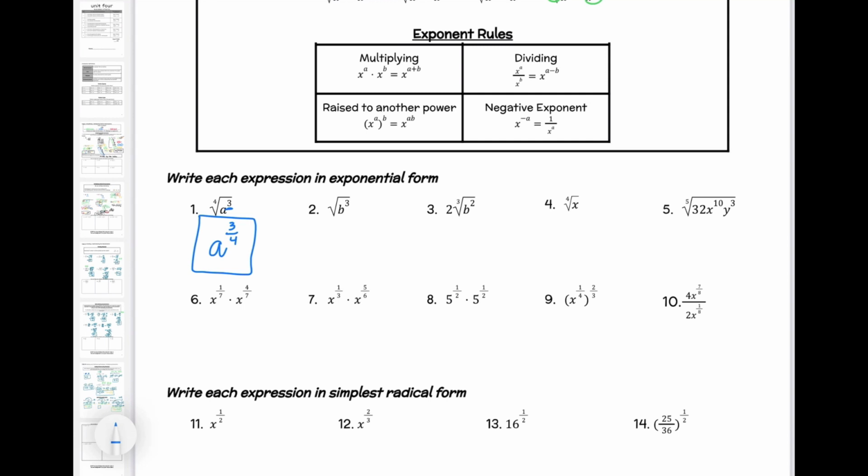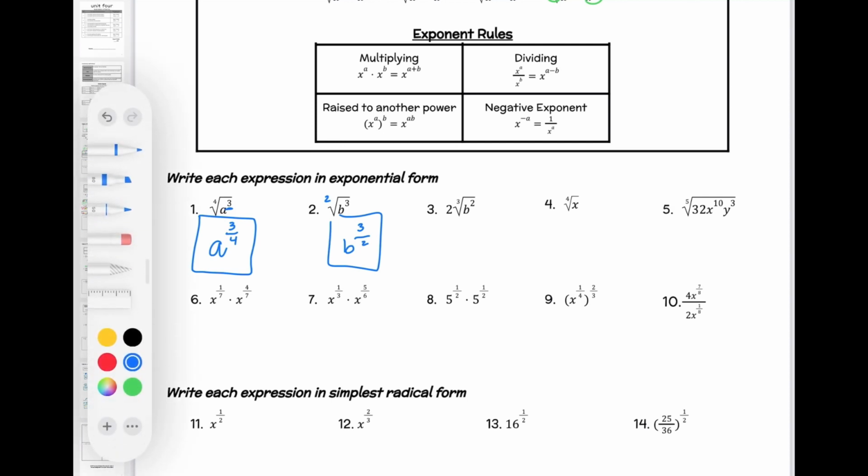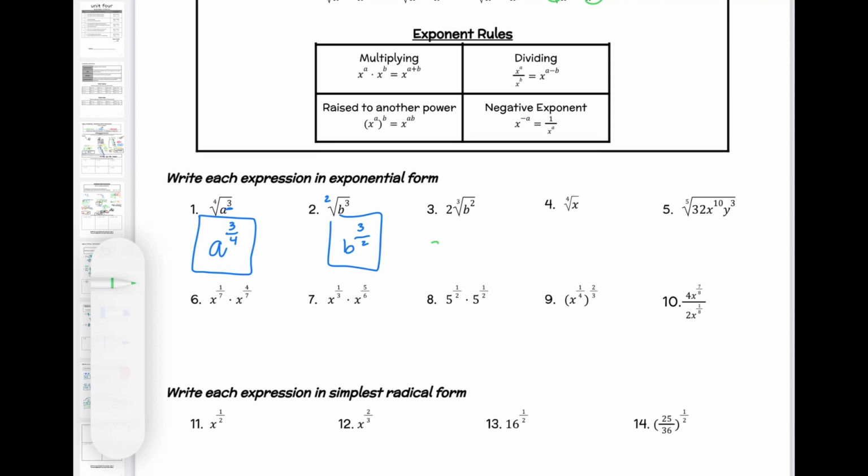So for number 2, our index would be 2. So we would have b cubed over 2, so over our index. We again can't simplify that at all, so we're going to leave it like that. For number 3, we have a 2 on the outside, so let's make sure to keep that 2 on the outside.